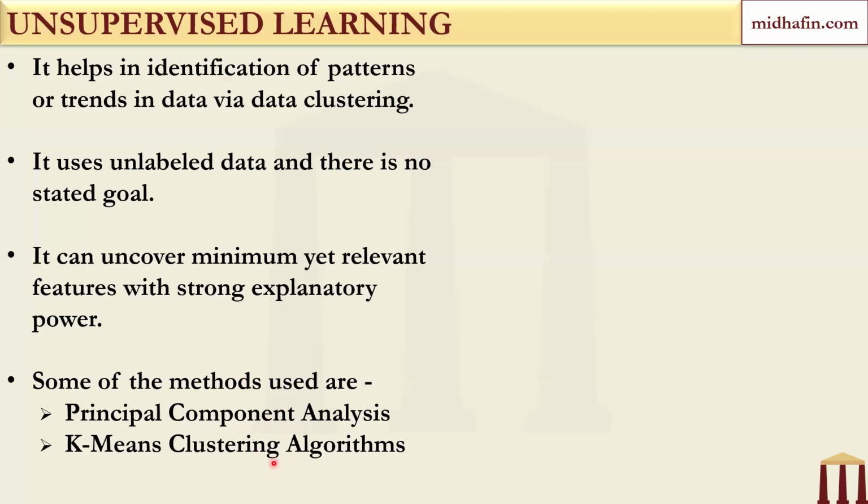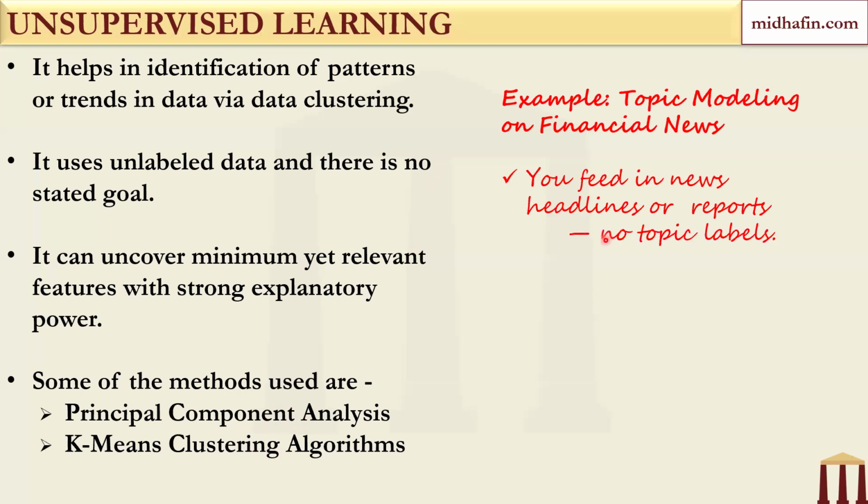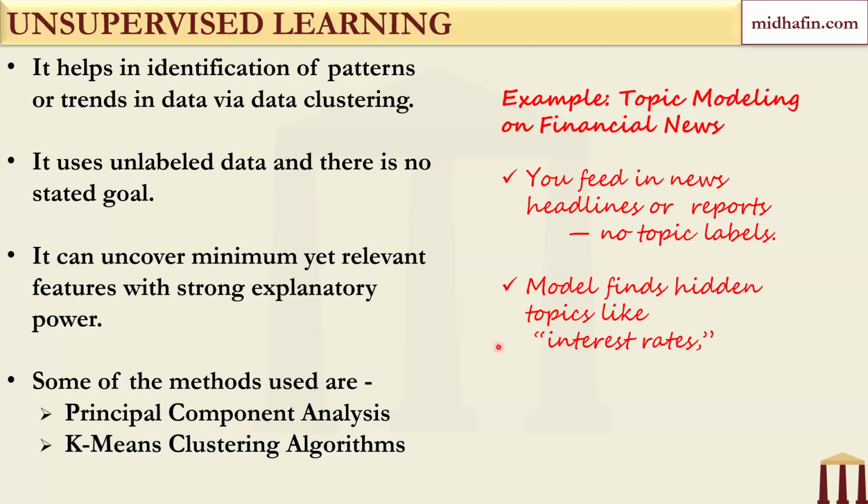Let's say you are feeding in thousands of news headlines or reports without any topic labels. No topic labels. Now the model will try to find out hidden structures or hidden topics or hidden themes. For example, it might automatically group the articles into different topics like interest rates, oil prices, earnings season.